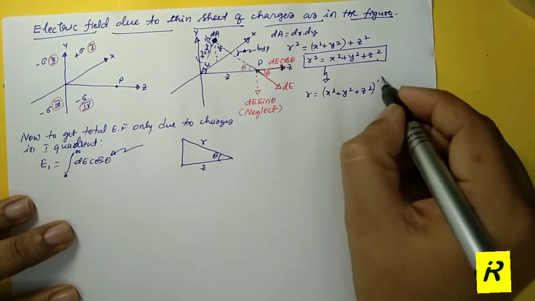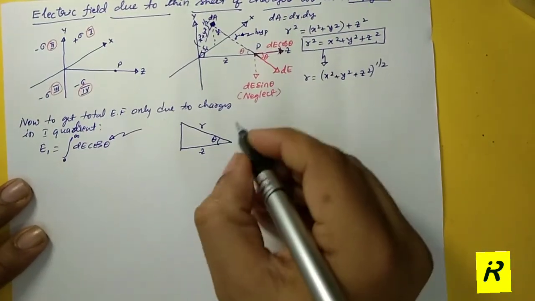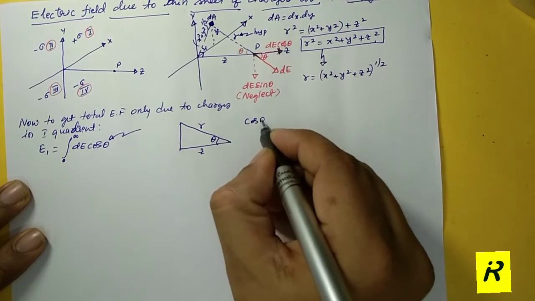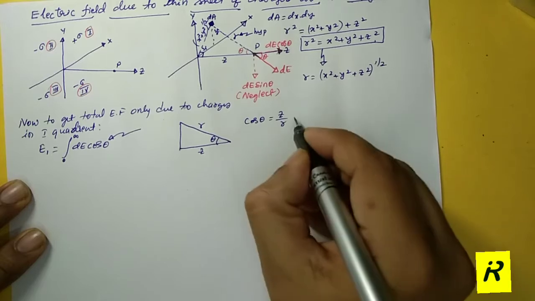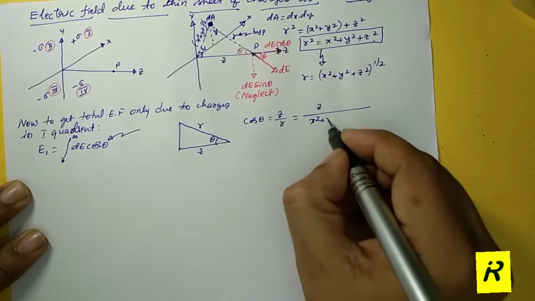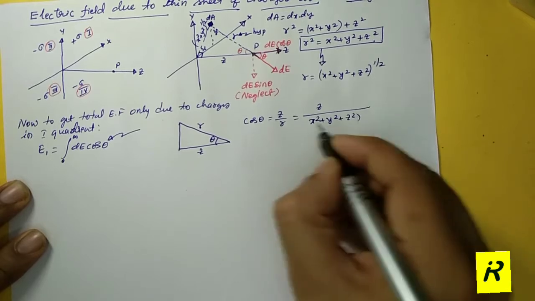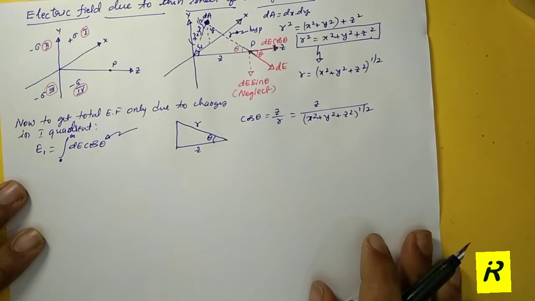Now cos theta is simply z divided by R. Otherwise I can write it as z divided by the square root of x square plus y square plus z square.